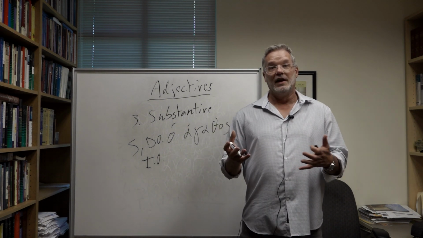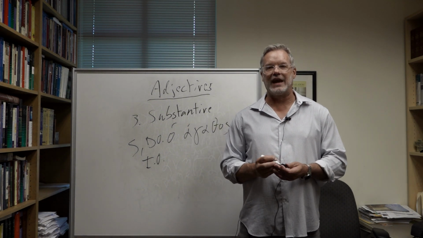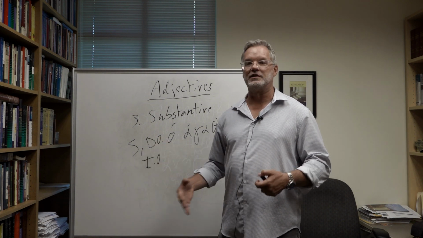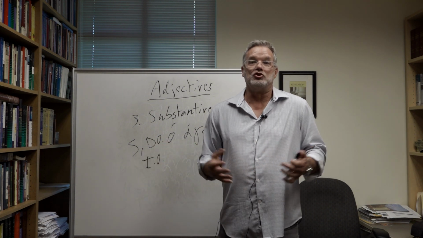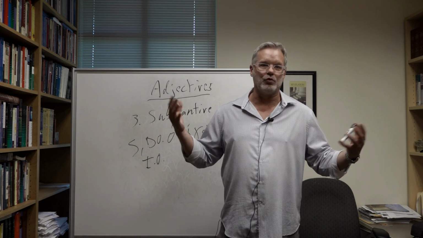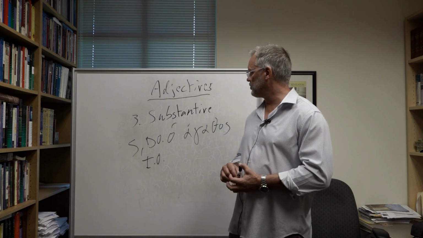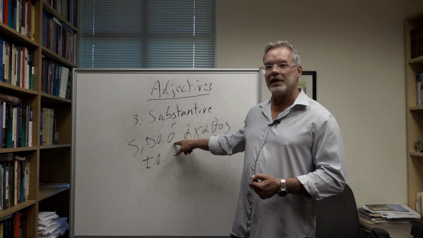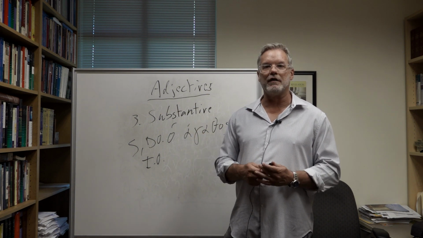And the case, remember our discussion of cases, the case will determine that, whether it's nominative or accusative or dative indirect object or a genitive showing possession or source or descriptive or whatever, any of the functions of the genitive. So the key is it will normally have the article with it, but there won't be another noun that it modifies.